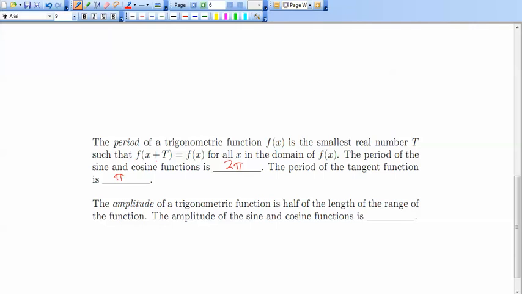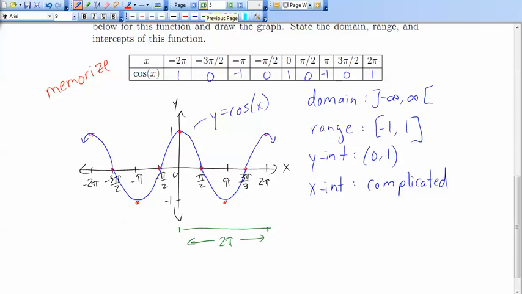Now the amplitude, we only talk about these for the sine and cosine functions. What it is, it's half the length of the range of the function. Or another way to put it, it's the distance between the midline and the peak or the valley. So it's 1 unit to go from there to there. Or, on the other hand, it's 1 unit to go from the midline to the valley.